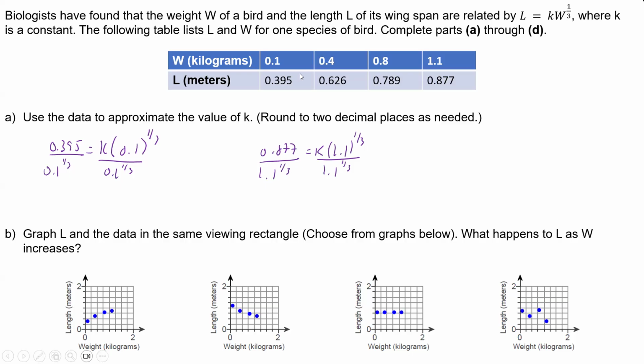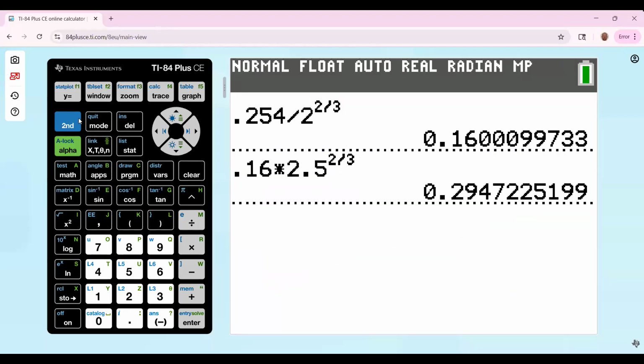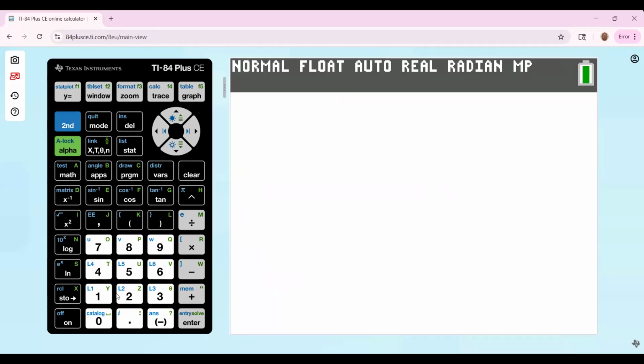So let's do those two calculations and see if, to two decimal places, we have what we're looking for. So the first one we had 0.395 divided by 0.1 to the 1 divided by 3.